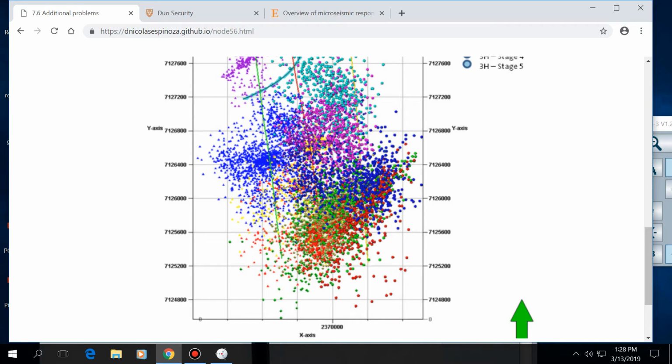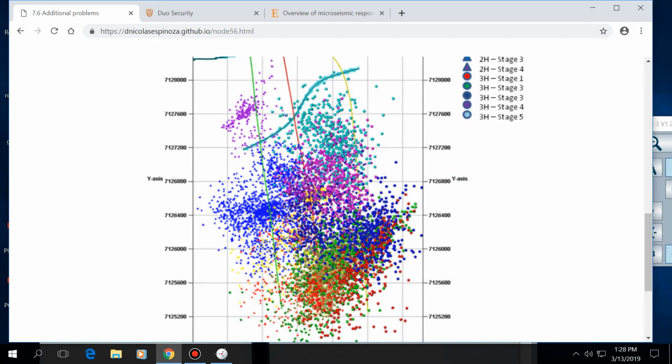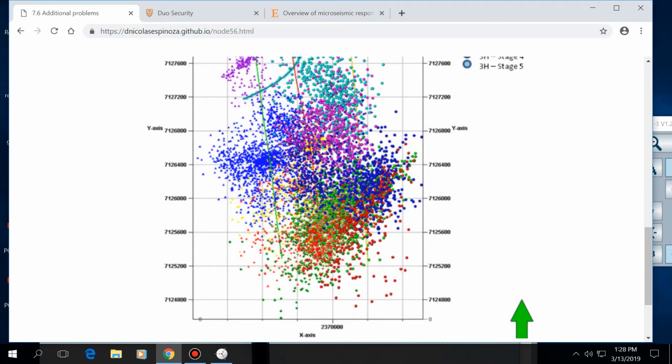So this fracture reactivation is very important because it alters the permeability of the reservoir and increases it by adding fracture permeability. And all this cloud of points is what is called a stimulated reservoir volume, because that's as far as the hydraulic fracture reaches in enhancing permeability.